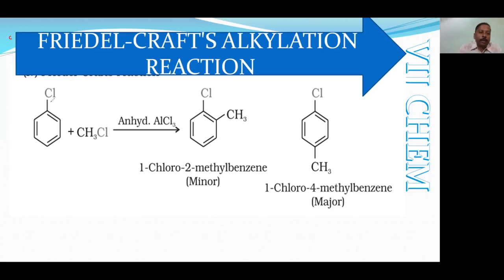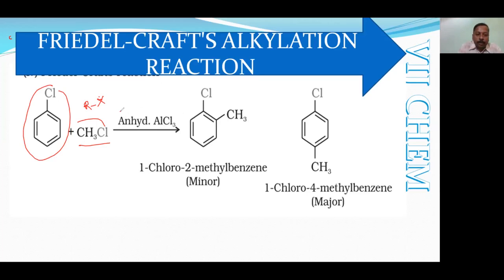Okay, so in Friedel-Crafts alkylation, you are taking chlorobenzene as the reactant. And here it is not necessary that it will be methyl chloride only. It can be any RCl, any alkyl chloride or alkyl halide, no problem. This can be bromine also, and it can be ethyl or propyl also, no problem.